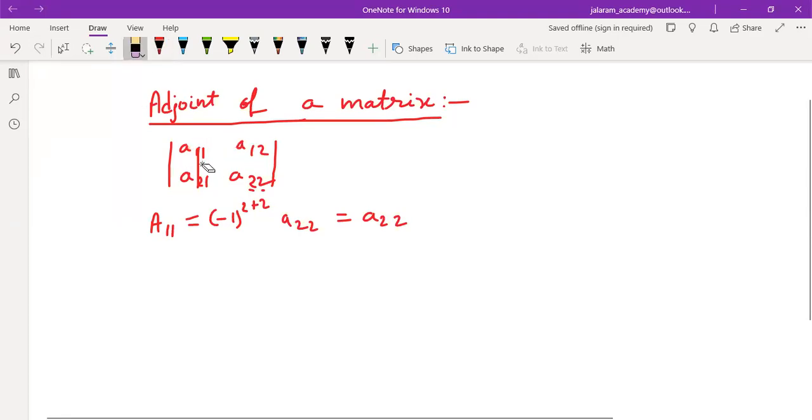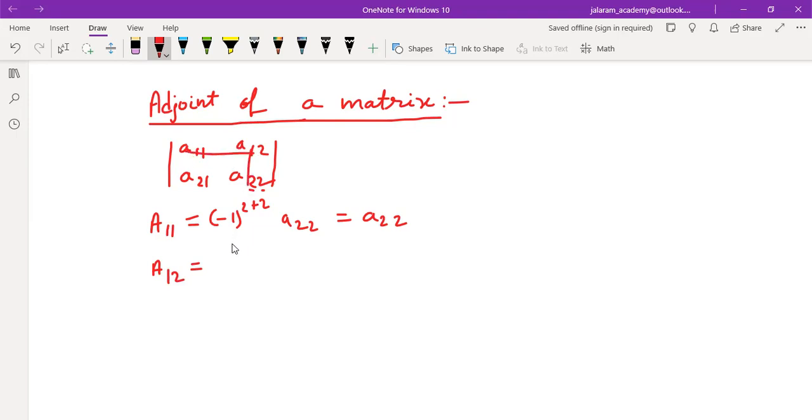Then we find the cofactor of first row, second column. Means first row, second column will be cancelled out, and minus 1 to the power, we add the two digits of suffix, 1 plus 2, into the element remaining, which is only a21. Now minus 1 to the power 1 plus 2 is minus A21.